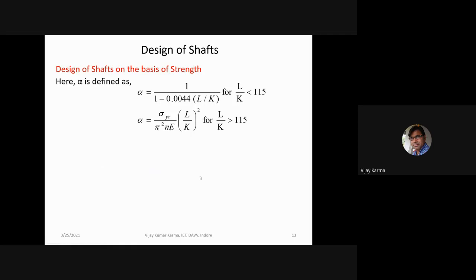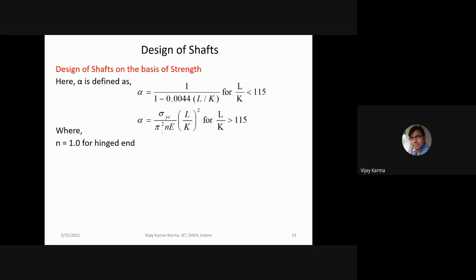Now alpha is given by these two relations. Alpha is equal to 1 upon 1 minus 0.0044 into L by K, and that is for L by K less than 115, and alpha is equal to sigma yc upon pi square N E into (L by K) square, and that is for L by K greater than 115, where L by K ratio is the slenderness ratio.